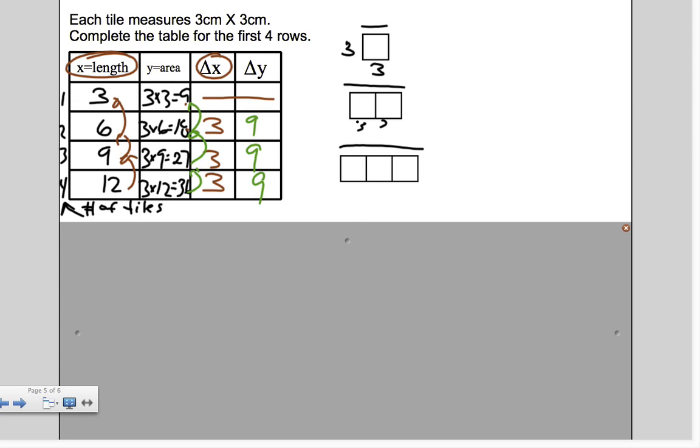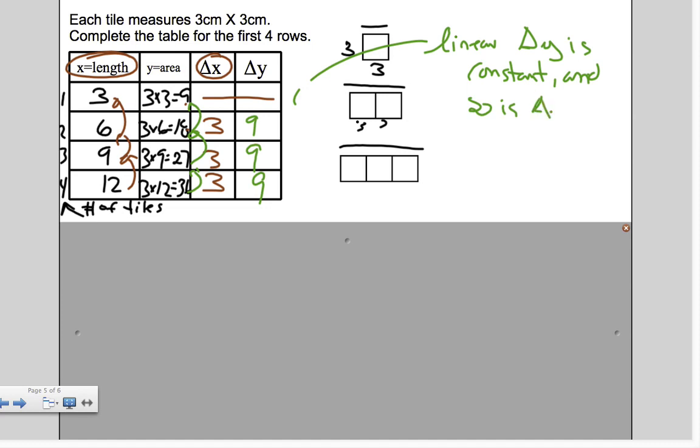Linear. So this is linear because delta y is constant, and so is delta x. The difference between our x is also constant, which we need for first differences.